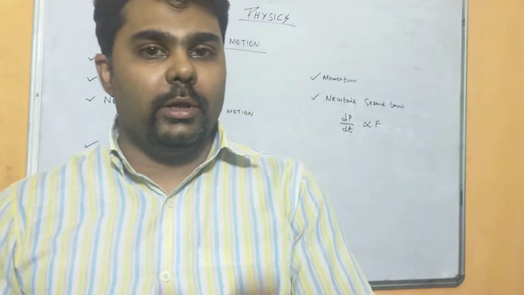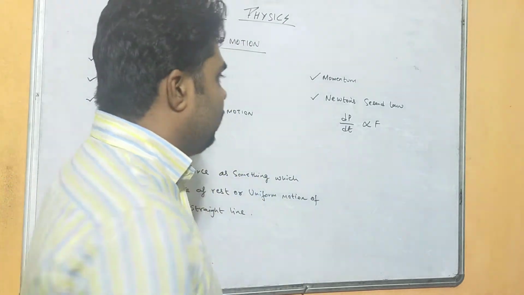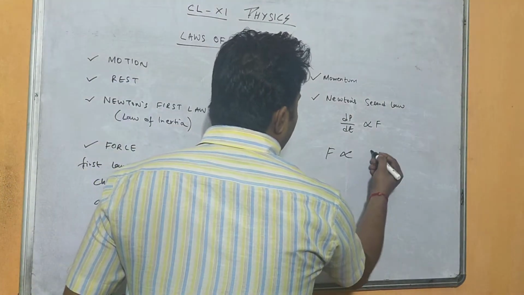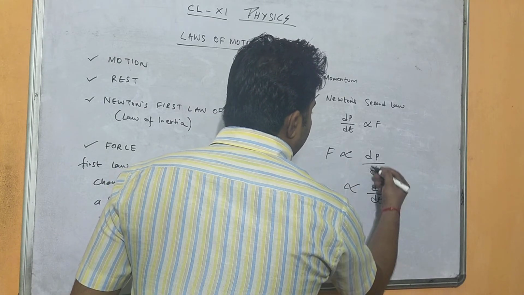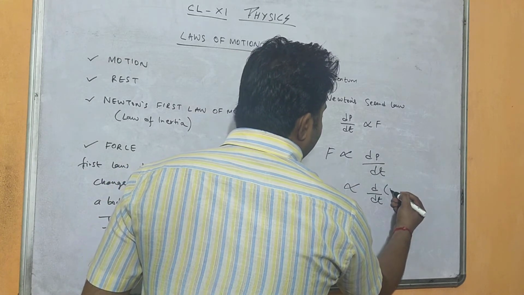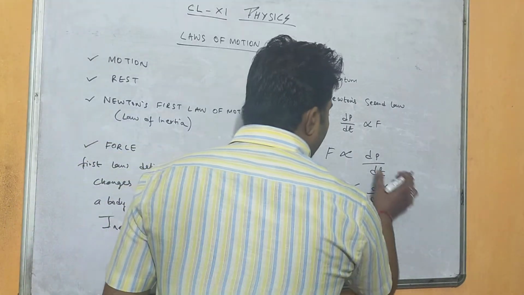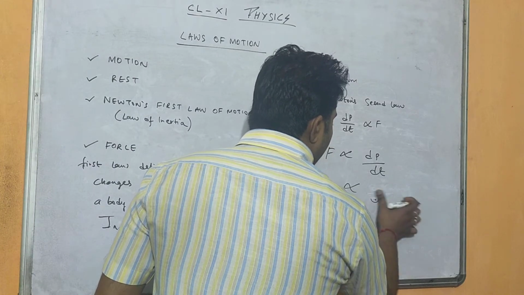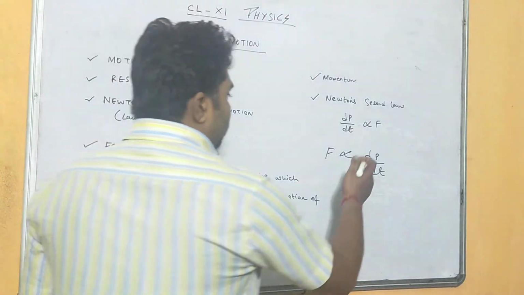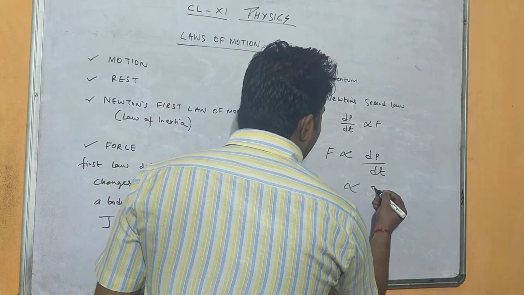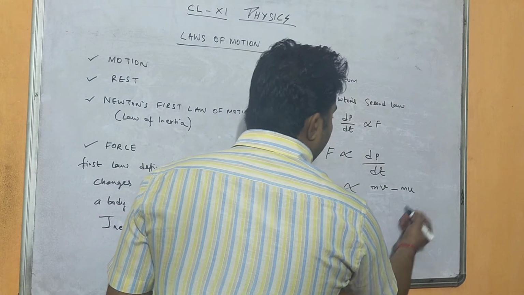So we are going to derive an expression for the force and acceleration attained by that object. Let's see here. F is directly proportional to dp by dt. P can be written as mv. Here dp means change in momentum: the final momentum is mv and the initial momentum is mu.